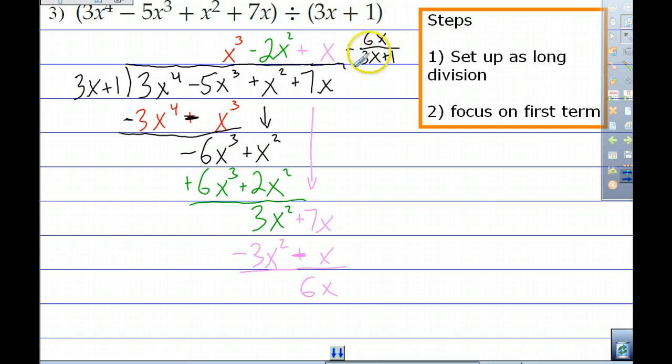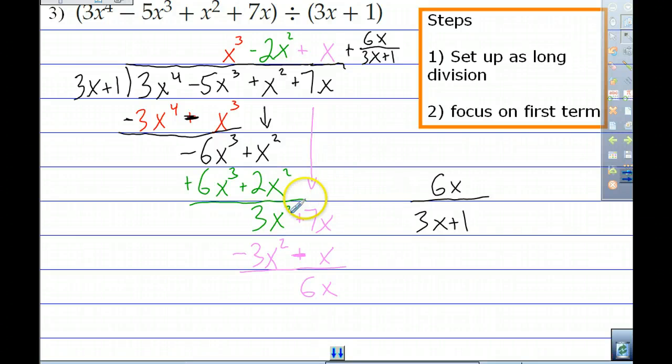Well, looking at this 6x over 3x plus 1, there's always a question on, does this simplify? Because if it simplifies, you need to simplify. That's just the rule, right?